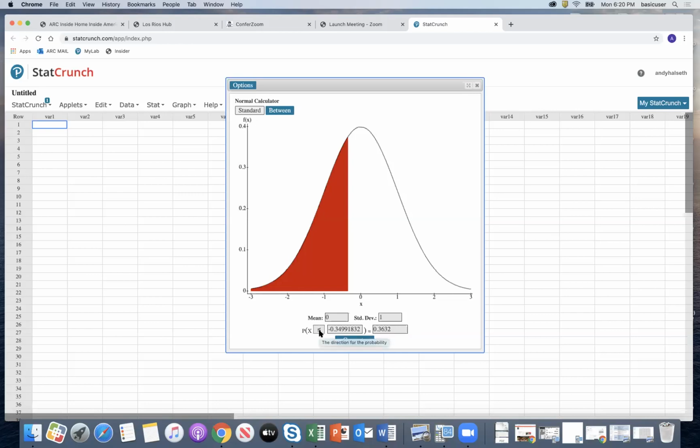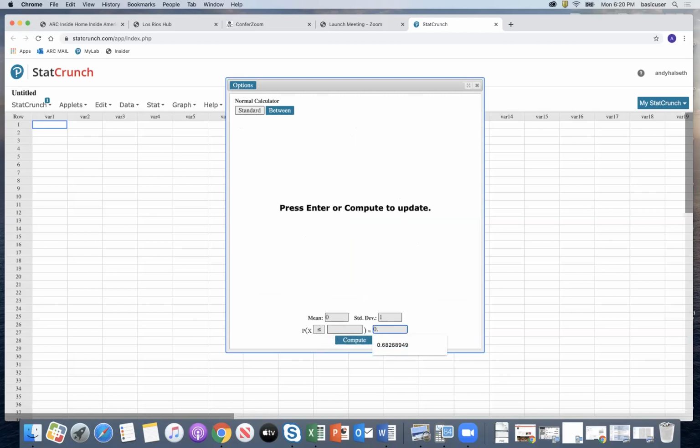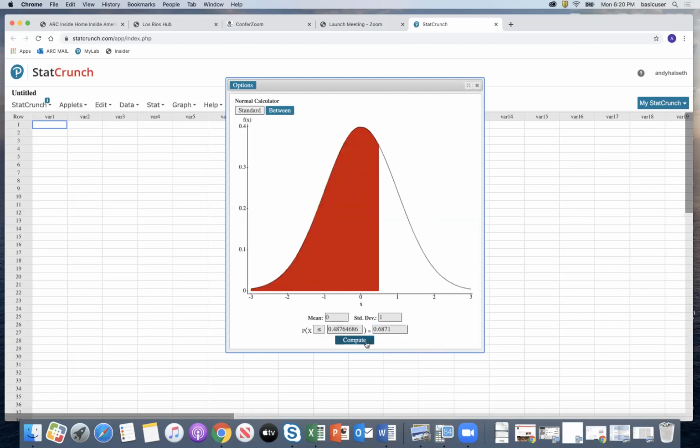So cumulative area, area to the left. I always like checking the picture. If the picture looks like area to the left, then we got the inequality right. So the other one was 0.6871. That's for part B. And my z-score there is 0.488. Okay.